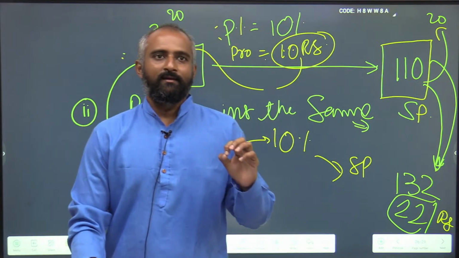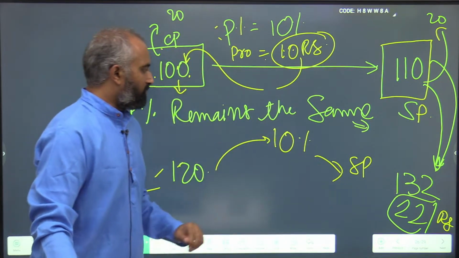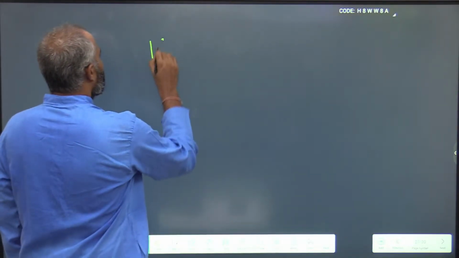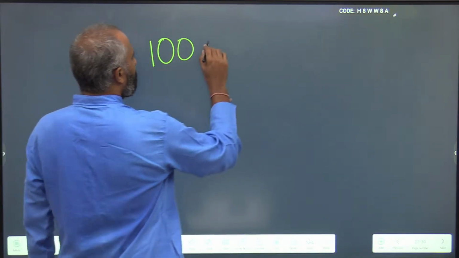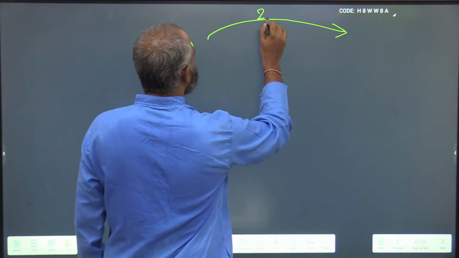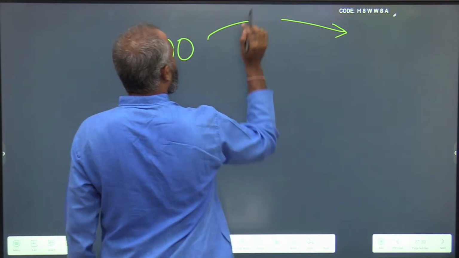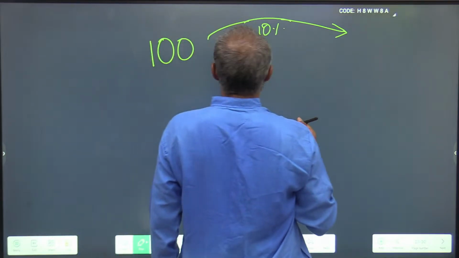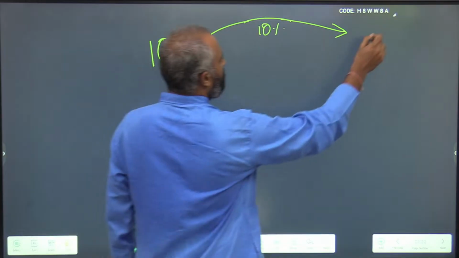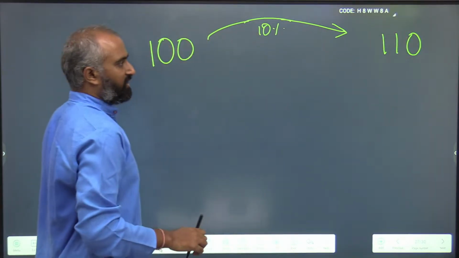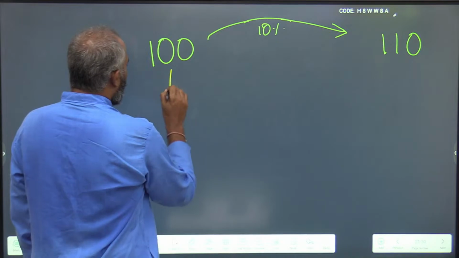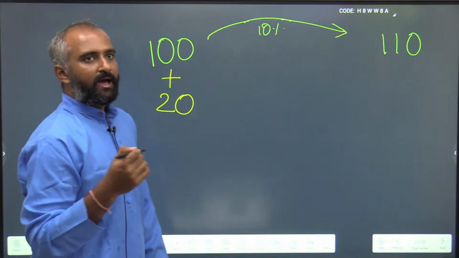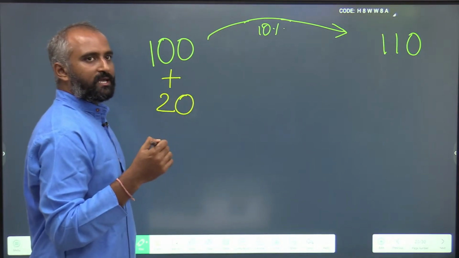There is an interesting way to see this problem. See here. First it was 100 rupees. My profit was 10%, so my SP was 110. Now I am adding another part of 20.